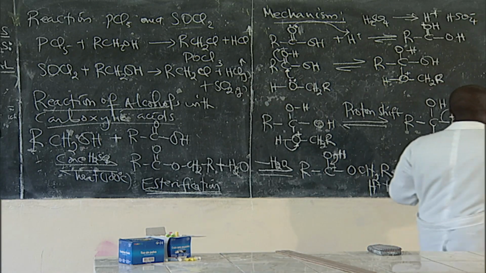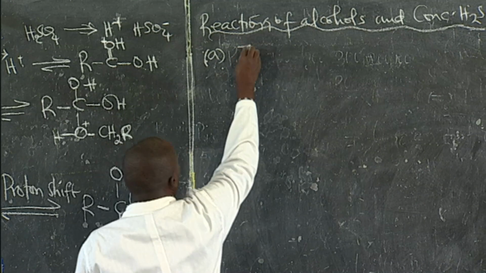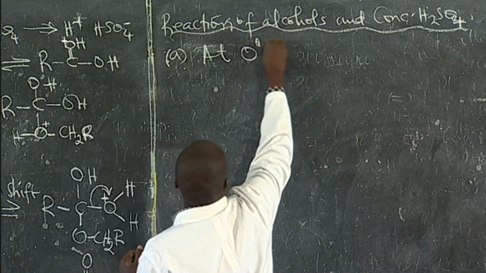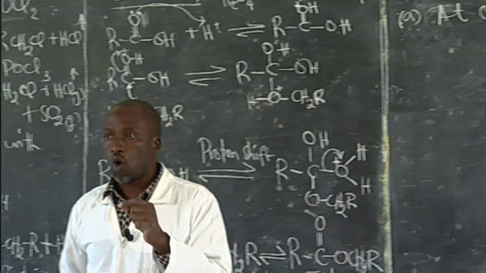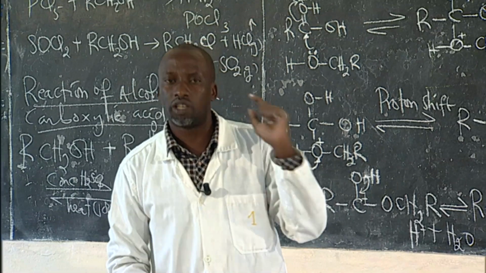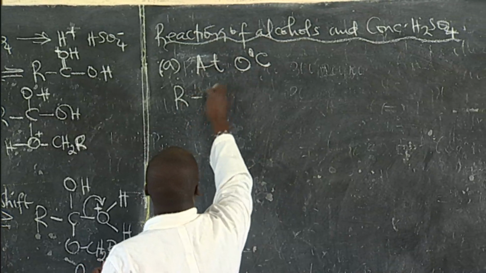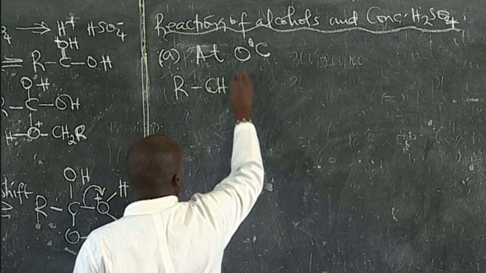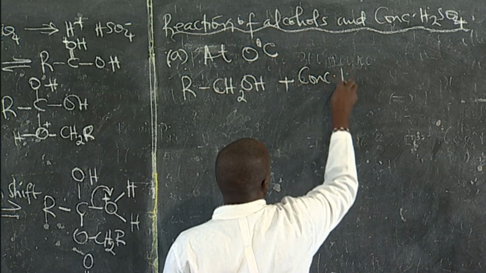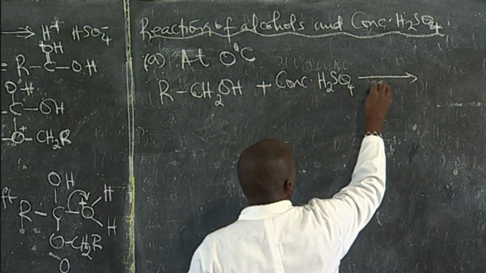The first part of the reaction is when the temperature is 0 degrees Celsius: alcohols reacting with concentrated sulfuric acid at 0 degrees Celsius. What is the product? Let's assume any type of alcohol reacting with the concentrated sulfuric acid at 0 degrees Celsius.